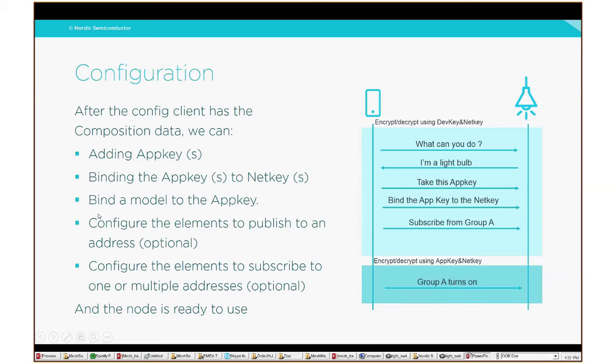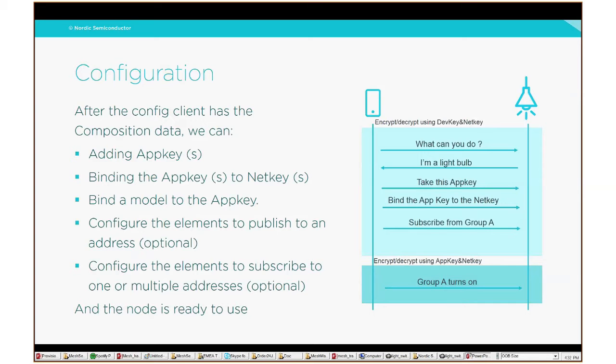And then we have to bind a model to the app key. For example, if we have a generic on-off switch or server, then we have to bind it to the app key of the light bulb. Or if we have another model on the device, for example a lock, we need to bind it to the lock app key.